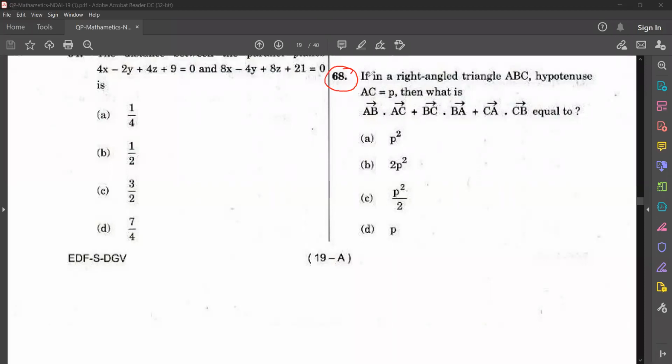If in a right angled triangle ABC the hypotenuse AC is P, what is AB dot AC plus BC dot BA plus CA dot CB equal to? I want you to answer this and comment your answers. Just read the question carefully and try to do it. This is also a question from the chapter vector algebra. Please try, and once you get the answer, comment it.